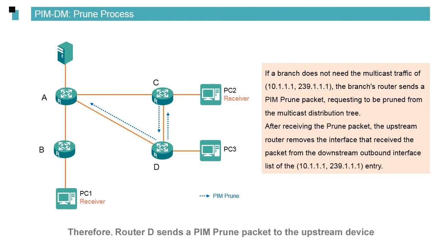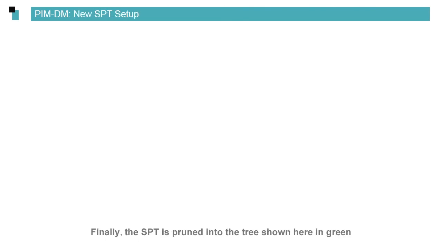Therefore, router D sends a PIM prune packet to the upstream device, requesting to be pruned from the multicast distribution tree. When other routers receive the prune packet, they remove the packet receiving interface on router D from the downstream interface list of the corresponding routing entry.